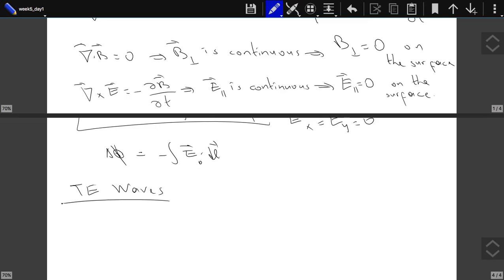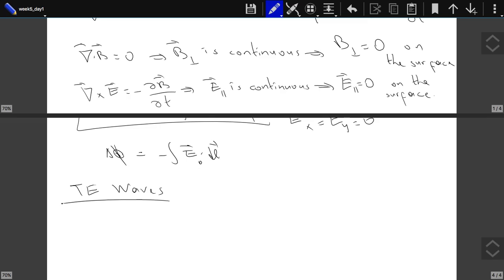Now, in this case, we have the propagation direction, E and B, they can both be perpendicular, or one is perpendicular, one is not, or the other way around. But it turns out that if you have this empty waveguide, there is nothing inside. In such a case, you cannot have both the electric and magnetic fields perpendicular to the propagation direction. You can have either one or the other one.